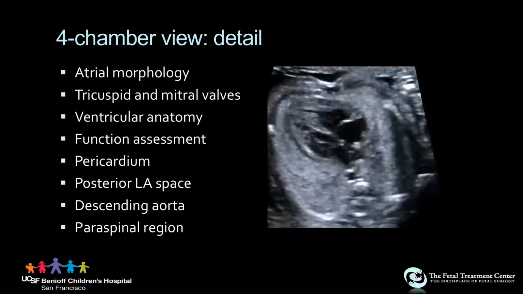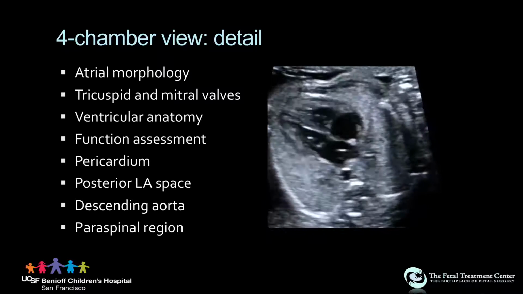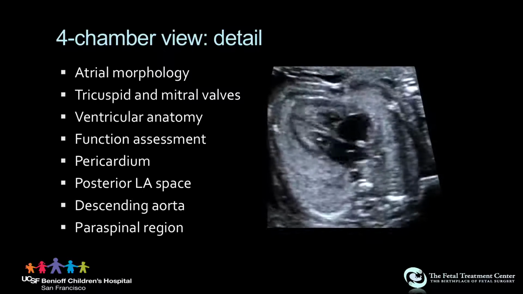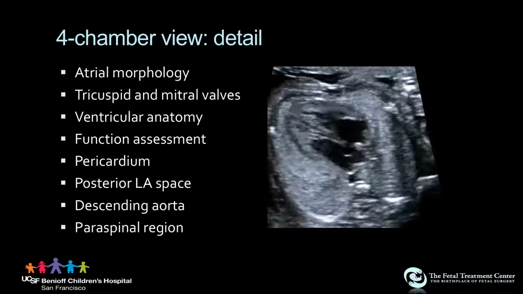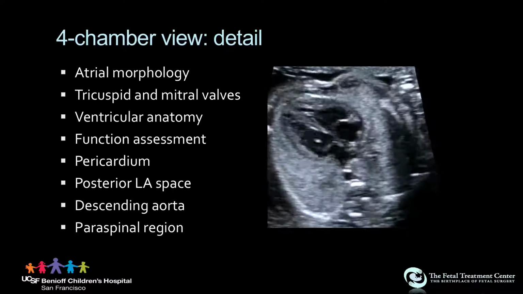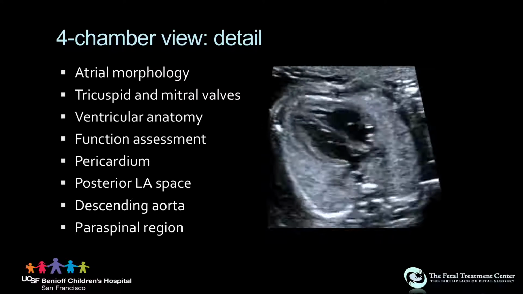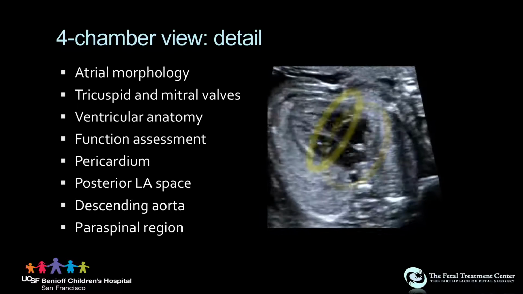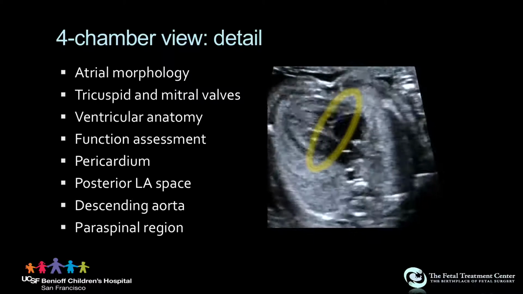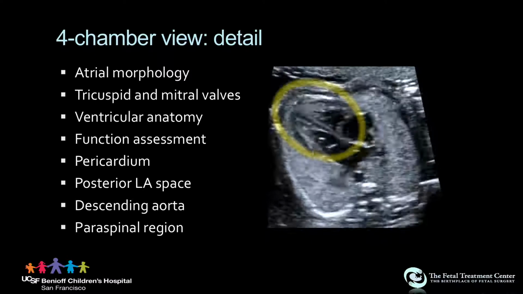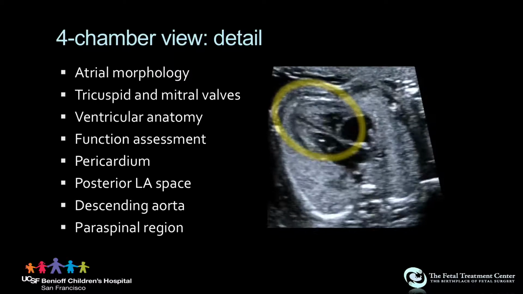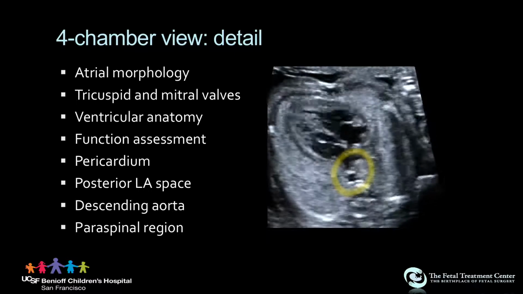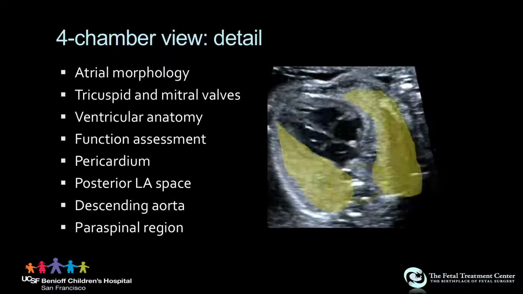We need to delve even deeper into the evaluation of the ventricle, though, than just that still image of the four-chamber. And again, this was already elegantly covered by Tracy and Elena, looking at atrial morphology, the tricuspid and mitral valves, the AV junction, the ventricular anatomy, a functional assessment, the pericardium, the posterior left atrial space, descending aorta, and paraspinal region, as well as the lungs.